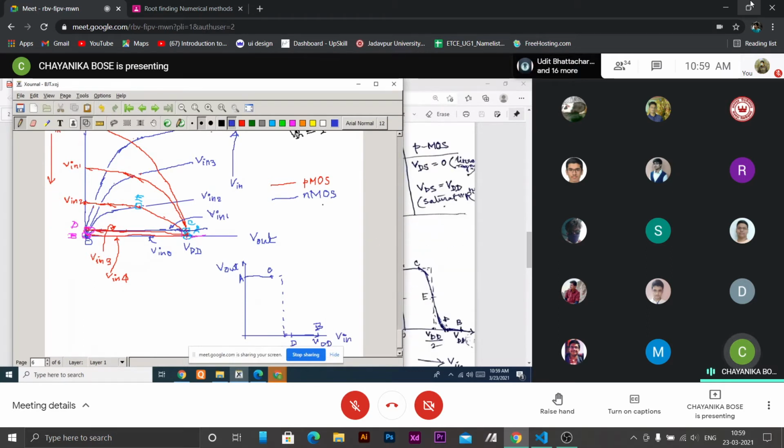So the transition takes place exactly at VDD by 2 if our MOS pair is perfectly complementary to each other.